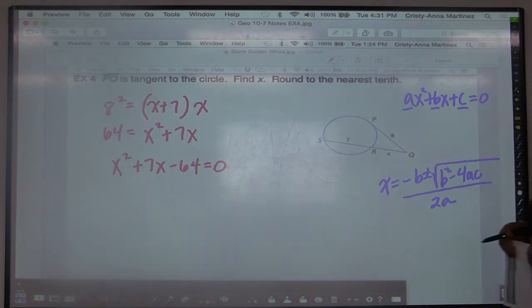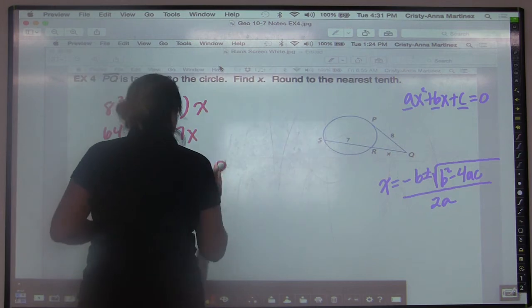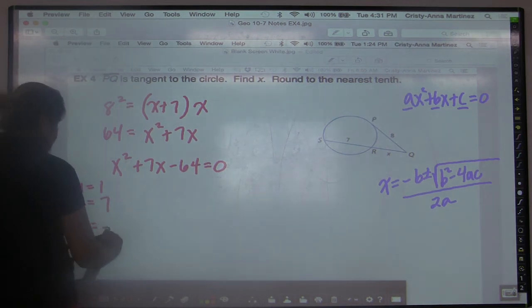Yes, you remember that song? It kind of brought back memories, didn't it? So using that little guy, we're actually going to solve this because I have that a in this case equals 1, b in this case is 7, and c in this case is negative 64.